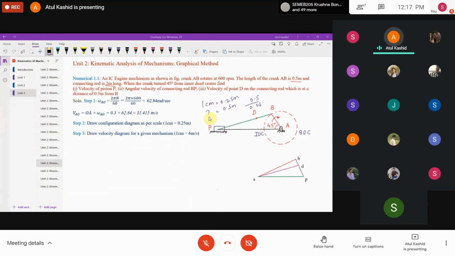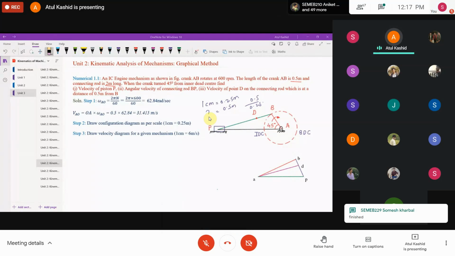Once you're finished, you have to reply in the chat box: we are finished with the configuration diagram. Remember, you have to maintain this drawing book because this will be checked later for your external examination and also for your term work examination.